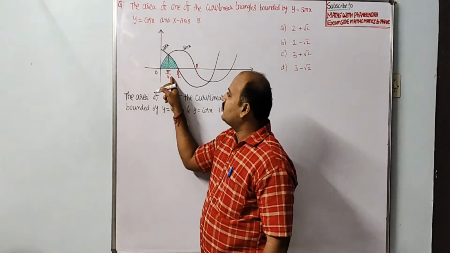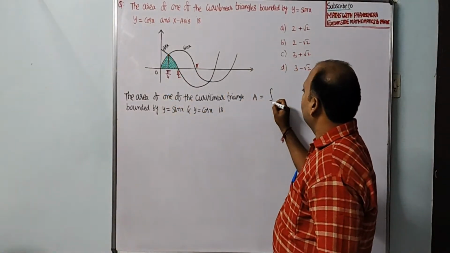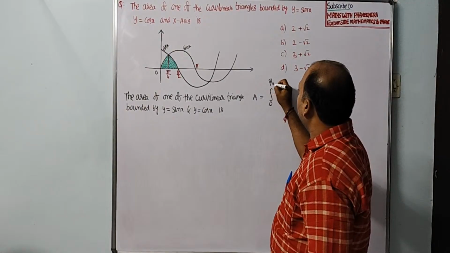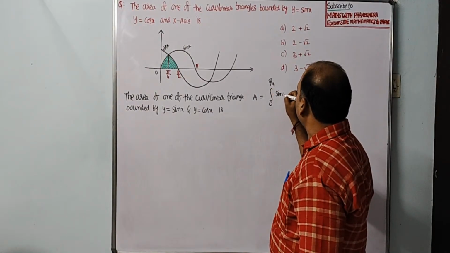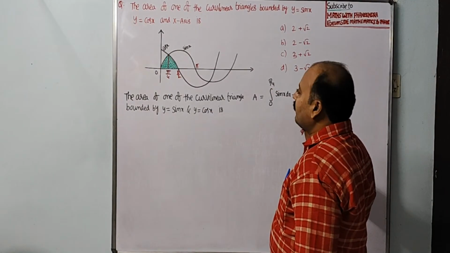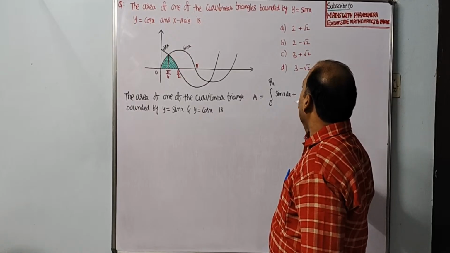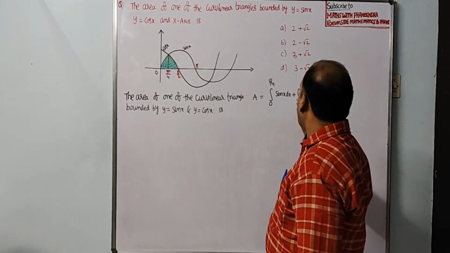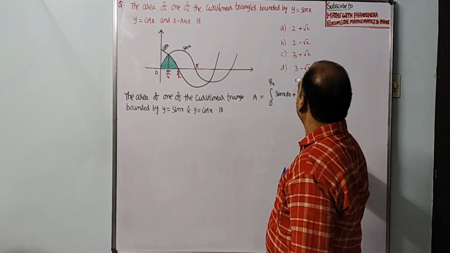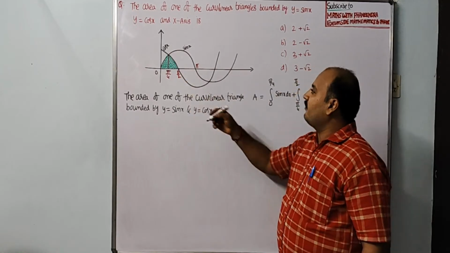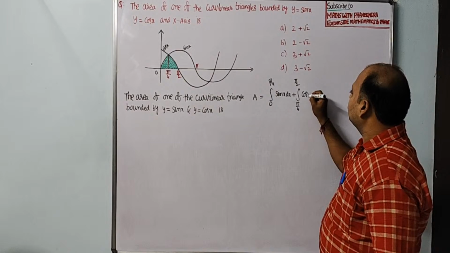Which curve is that, dear students? Sin x curve, 0 to pi by 4, plus integral pi by 4 to pi by 2, the curve is cos x dx.